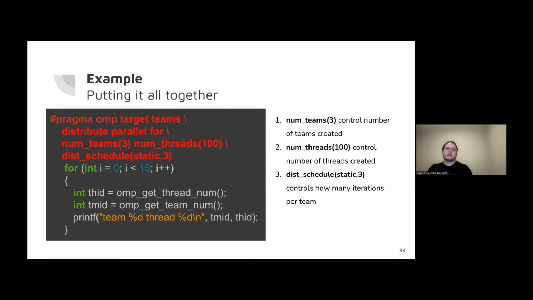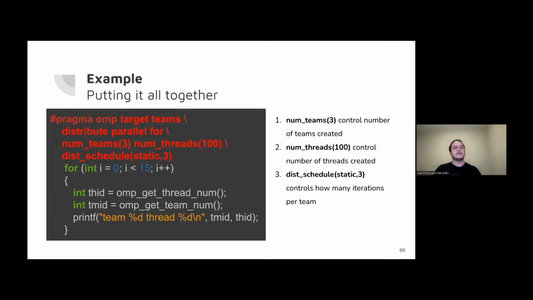And just putting it all together, we have here a Pragma OMP target teams distribute parallel for, right? Which creates 3 teams, creates 100 threads, and it tries to schedule the different work into different threads. You're going to see a little bit more explanation on the scheduling in a second, also in the lab.